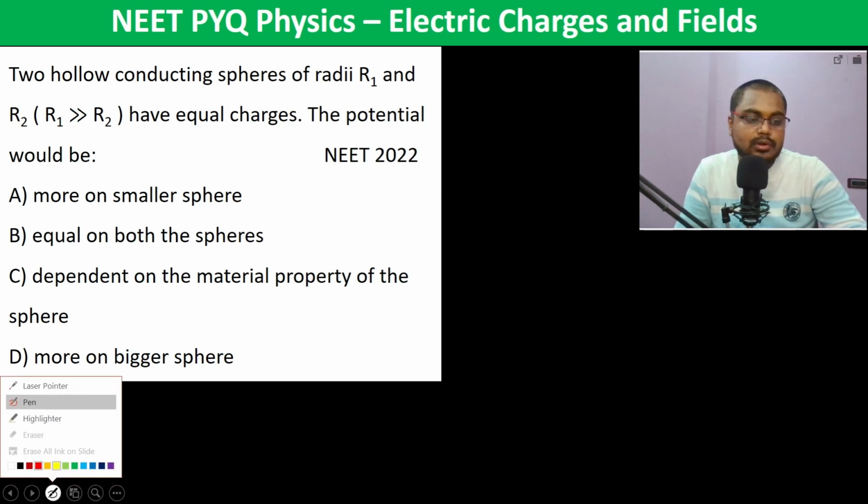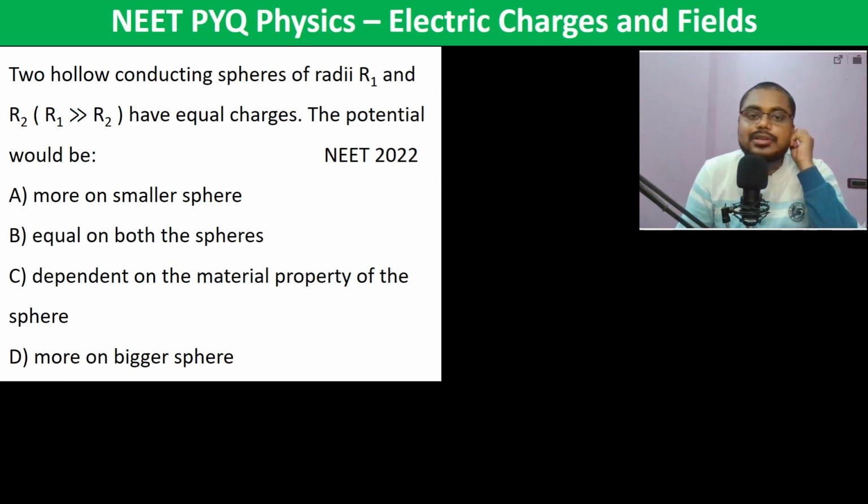Two hollow conducting spheres of radius r1 and r2 have equal charges. The potential would be, they have equal charges. Okay, so what is the formula of the potential? The formula of the potential is kq divided by r. Since they have equal charges, therefore kq by r1 and kq by r2.